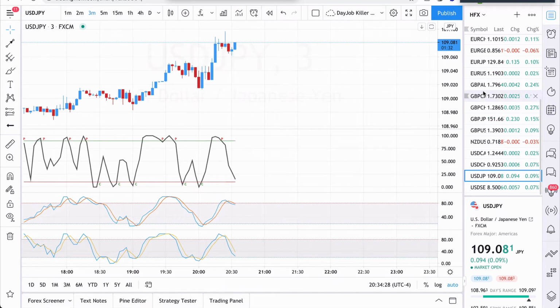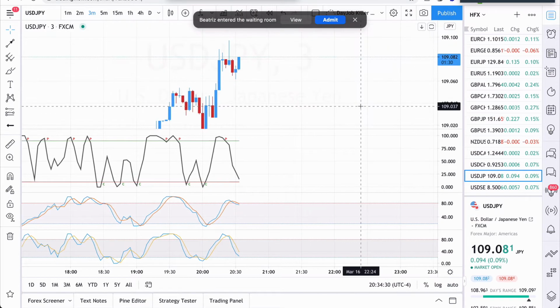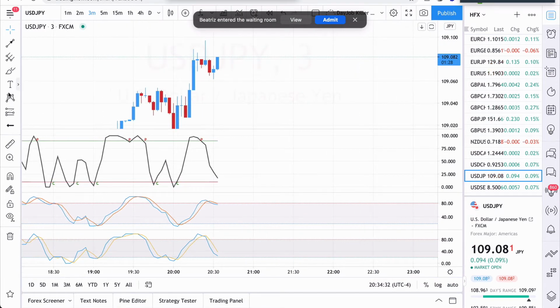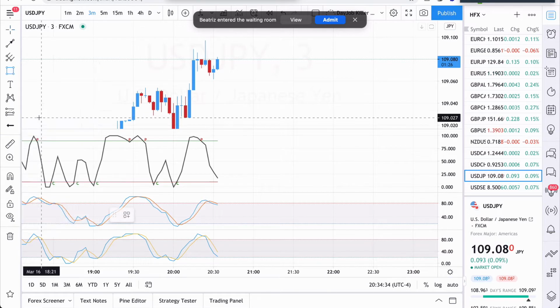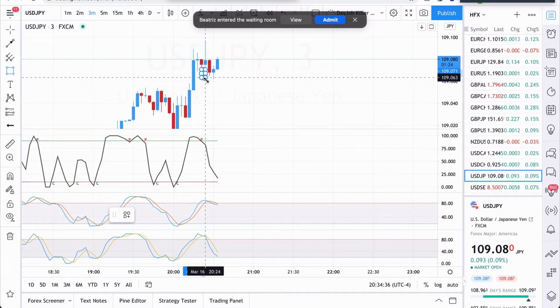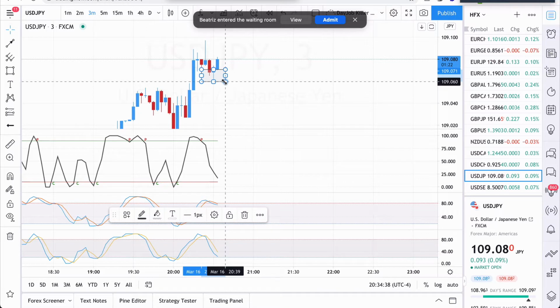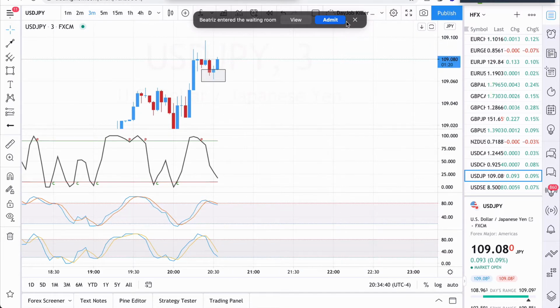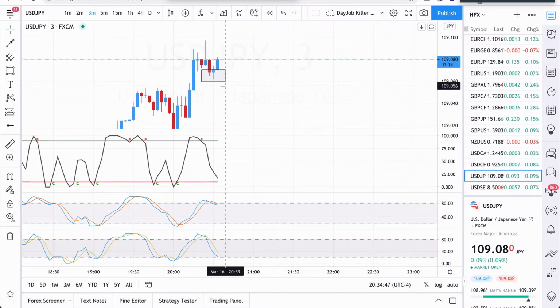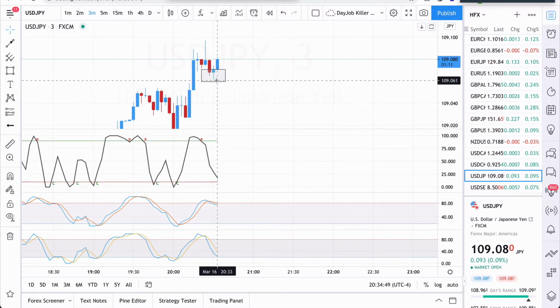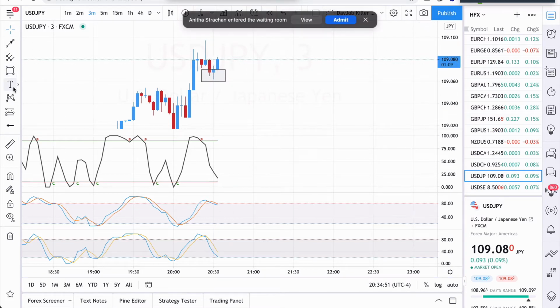If you all know me, this is a trade that I would have taken. Who can tell me why I would have taken this trade right here? Morningstar. Morningstar. Absolutely. I love these, morning stars and evening stars.